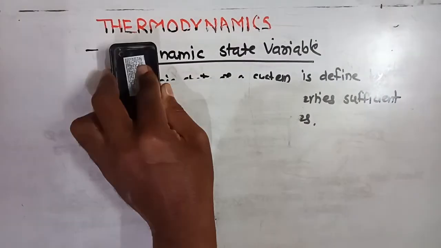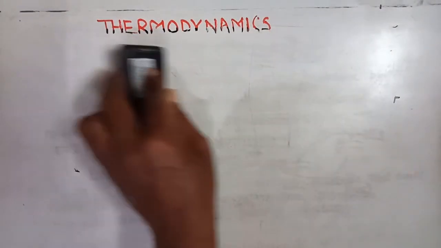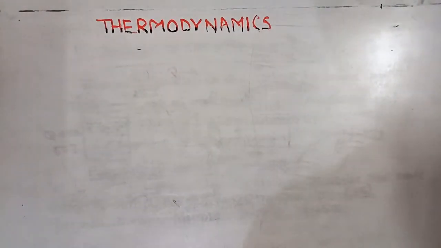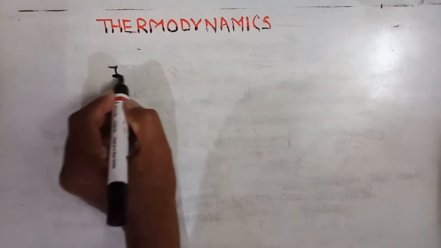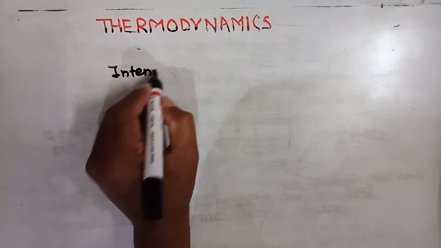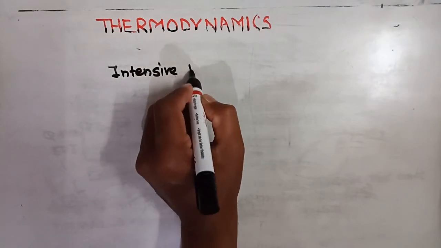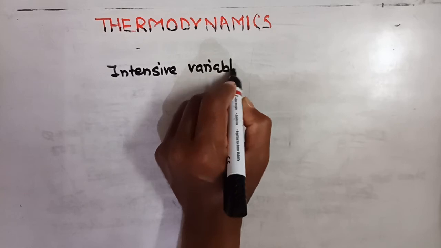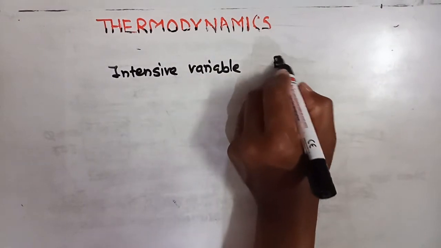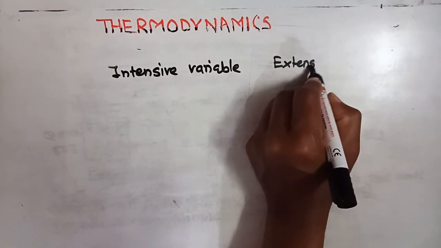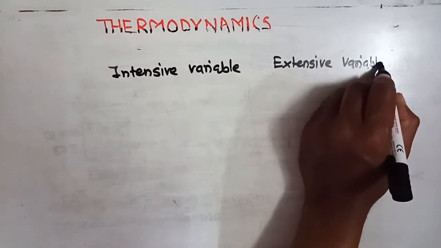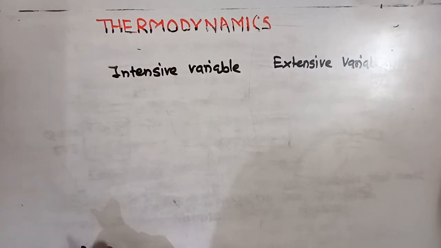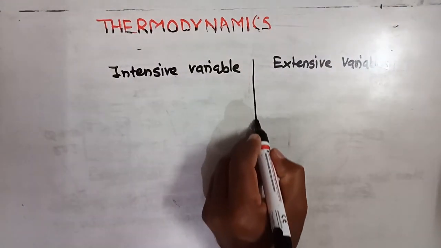These properties of a system can be classified into intensive variables and extensive variables. What are the intensive variables?